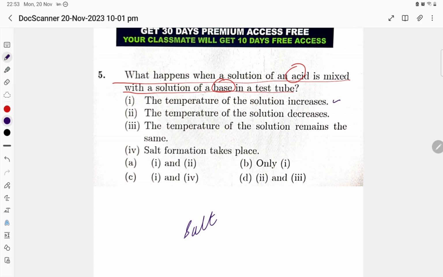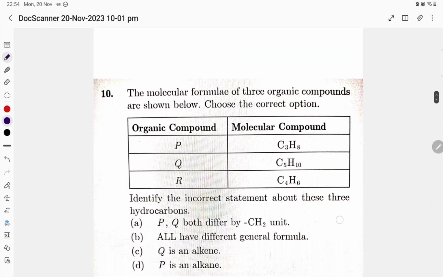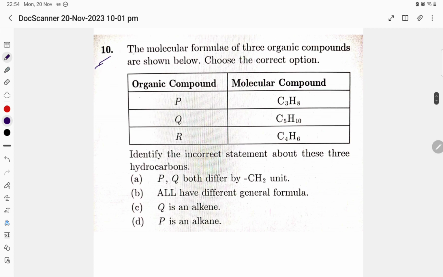The temperature of the solution decreases, incorrect. The temperature of the solution remains constant, incorrect. Salt formation takes place. So obviously first and fourth are possible. Option C is possible. Dissolution is an exothermic process. First and fourth possible.